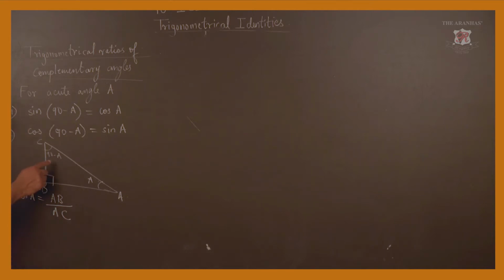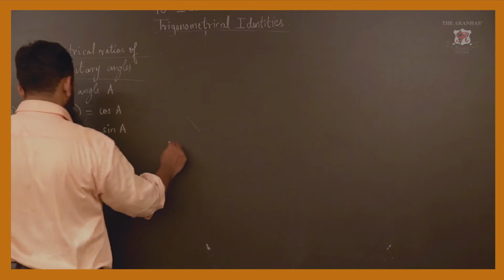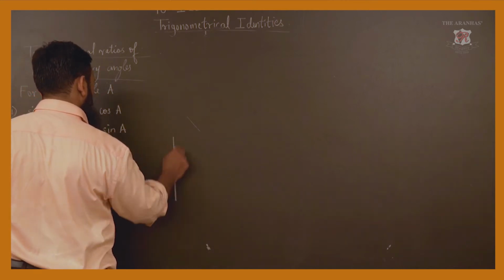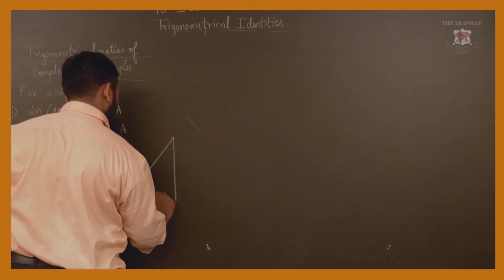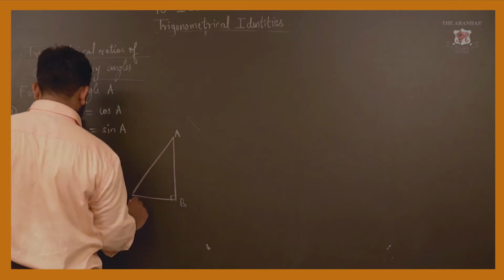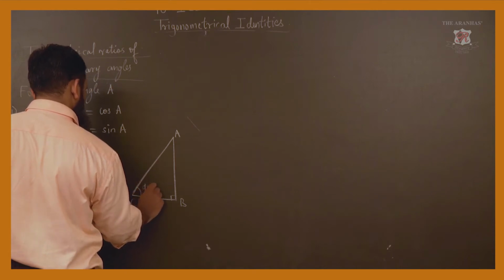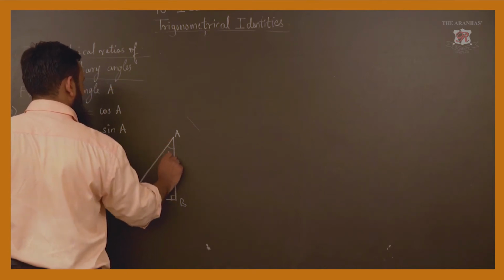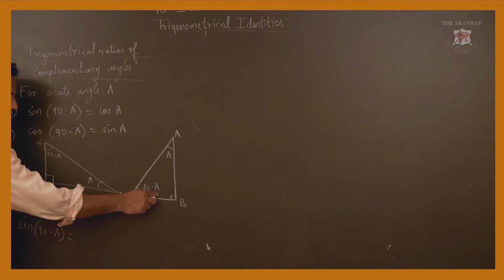Whereas, let us proceed towards sin 90 minus A for this angle. Sin 90 minus A. So if you tilt the diagram, it will look somewhat of this kind. This will be your A, this will be C, this will be 90 minus A, this will be A. So what will be sin 90 minus A?